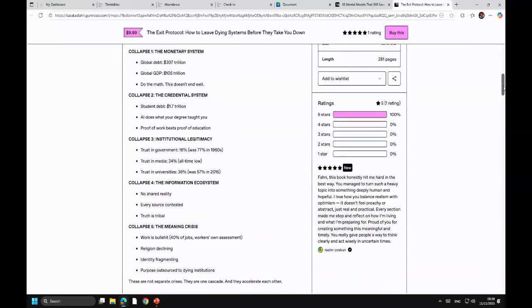The first collapse is the monetary system. The global debt is around $307 trillion. But world GDP is around 105 trillion. So what does this mean? All world countries are in huge debt. We don't create enough. But we do have enormous debts.